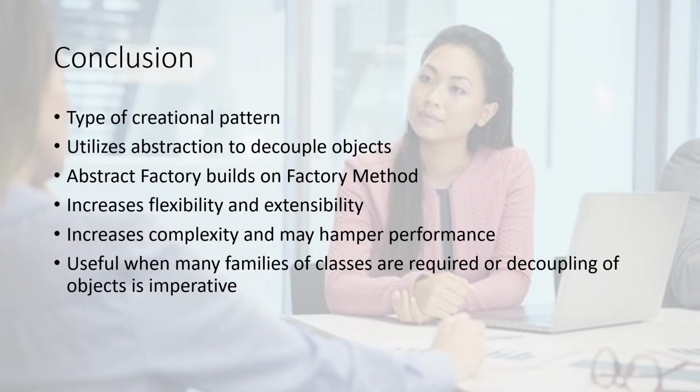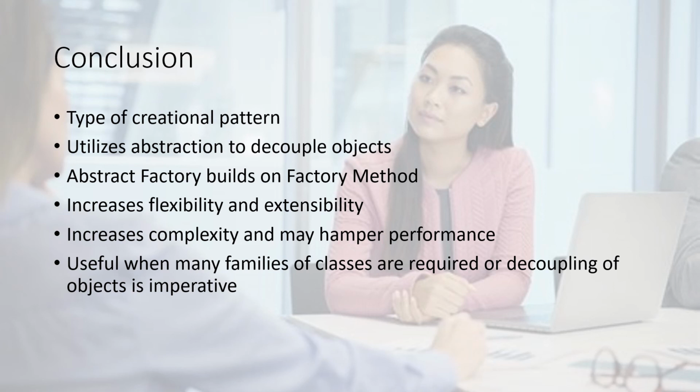In summary, factory patterns are a type of creational pattern designed to improve the encapsulation of object creation. This is accomplished by using abstract classes to create interfaces between objects and the objects they need to instantiate. This removes the dependencies between objects and allows multiple object types to be created using one interface.